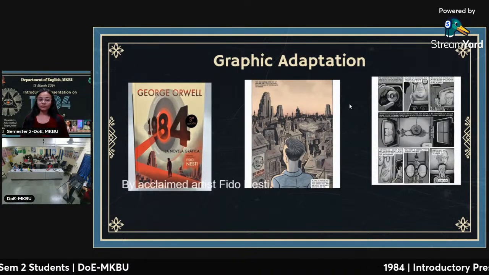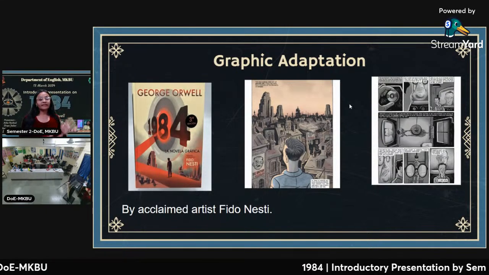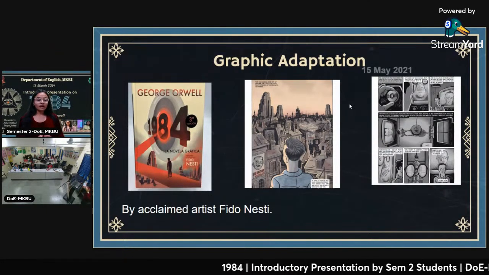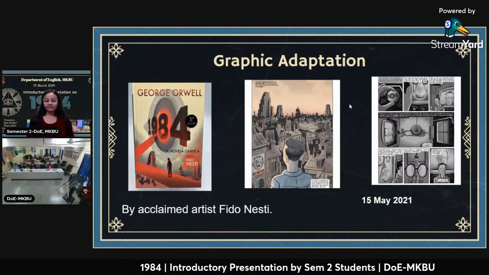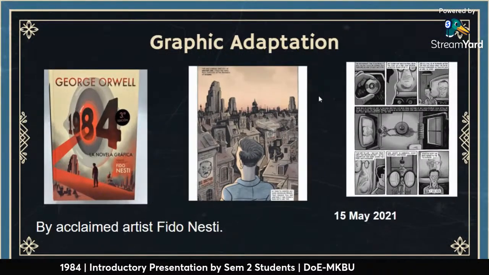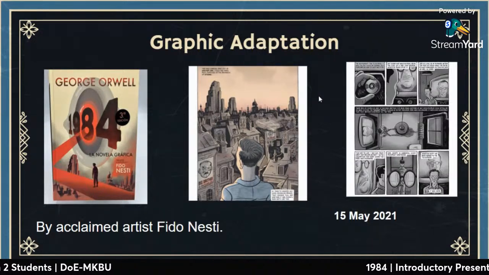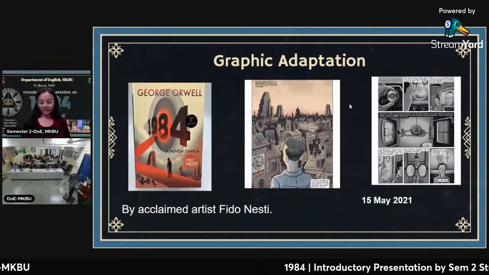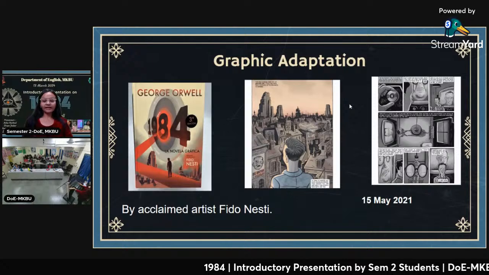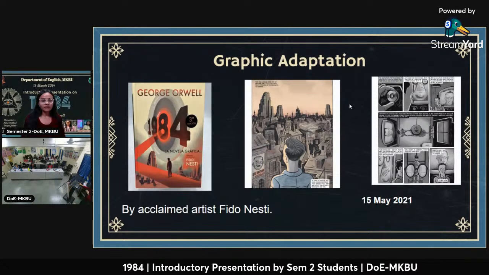As it is a masterpiece, it is very demanding in nature also. It was by the acclaimed artist Fibonacci, who illustrated and designed all the works. It was very recent, like 15th May 2021.